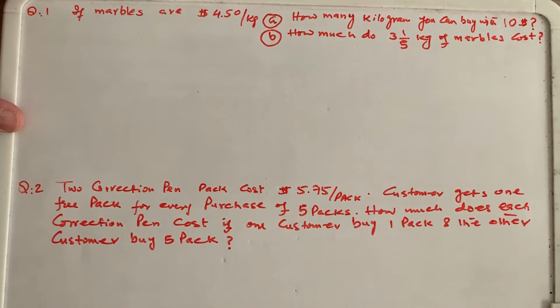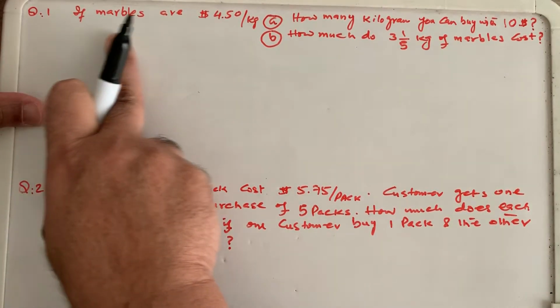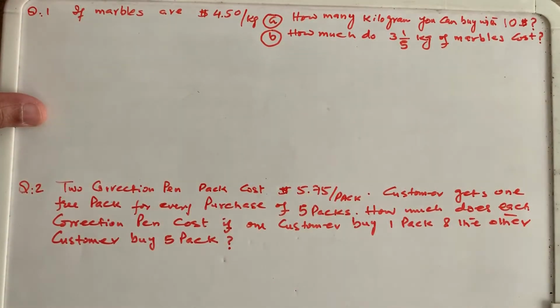This is the ratio and rate chapter, and we are doing word problems. One of the questions is, if marbles are sold at the rate of $4.50 per kg, how many kilograms can you buy with $10?